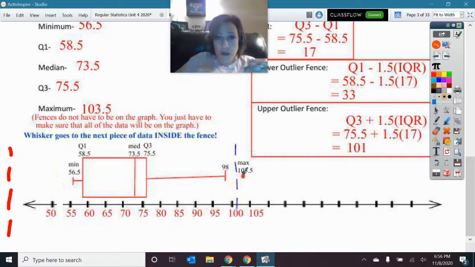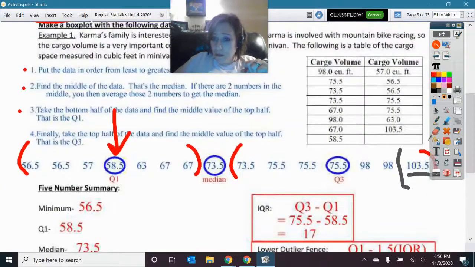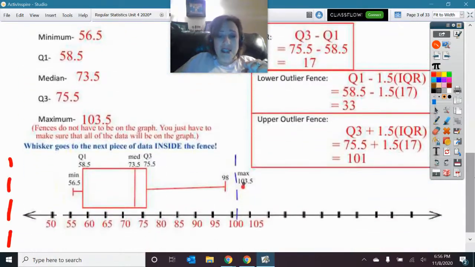This whisker goes to the next piece of data inside the fence. If our fence is at 101, the next piece of data inside the fence is 98, so that is where our whisker goes to.